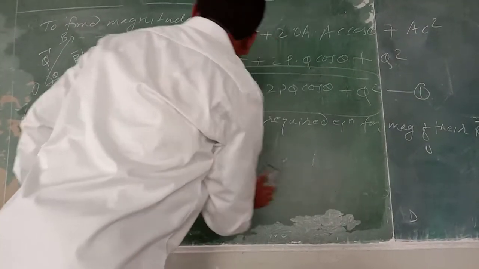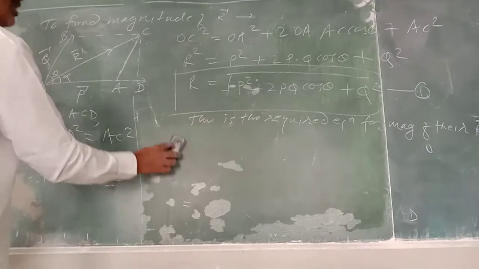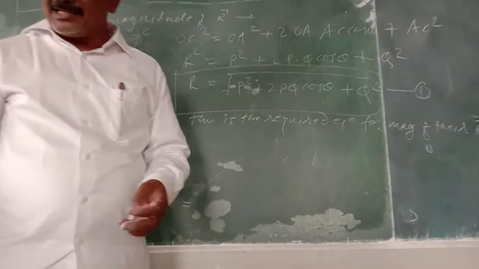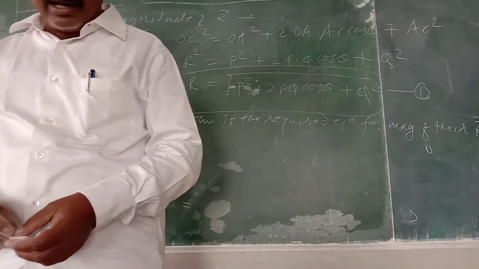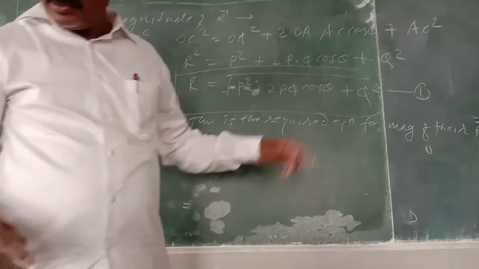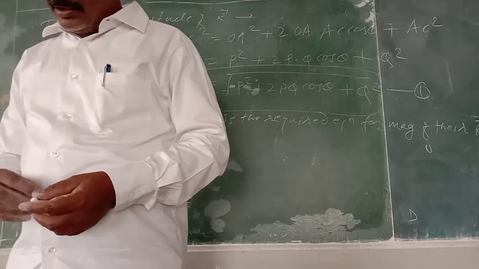Now second, the direction of the resultant R. How will you find the direction of the resultant R? Now the next step is to find the direction.